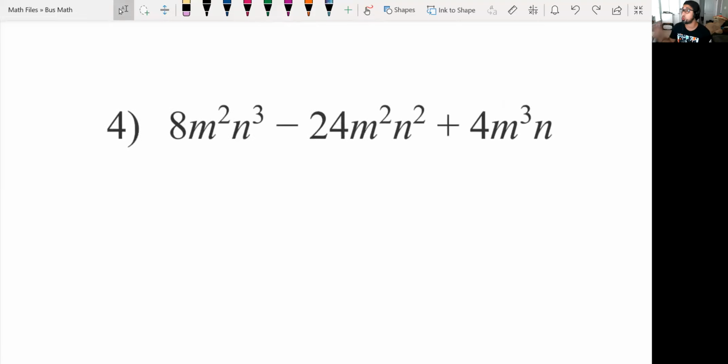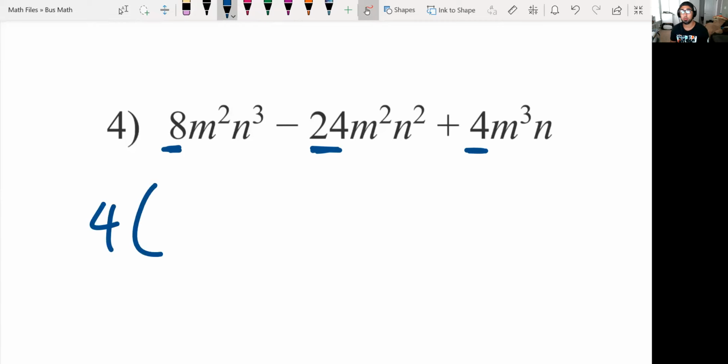Okay, so just looking for the greatest common factor. Look at the numbers first: 8, 24, and 4. What is the biggest number I can take from 8, 24, and 4? That answer is going to be a 4.